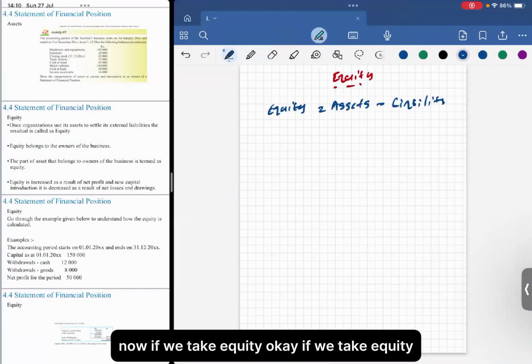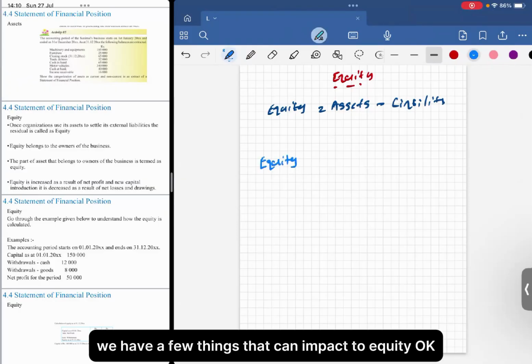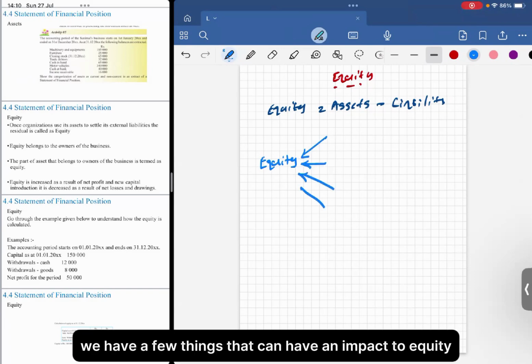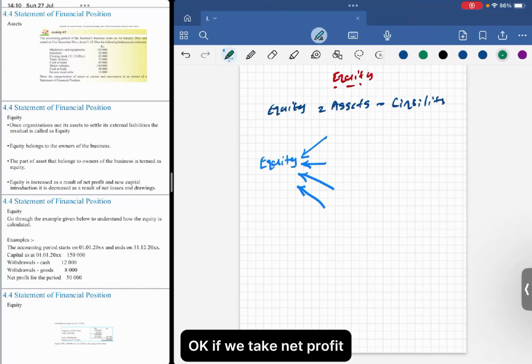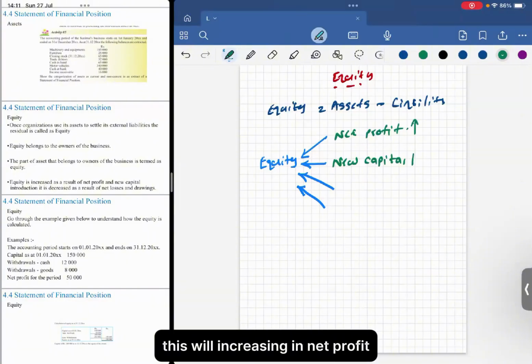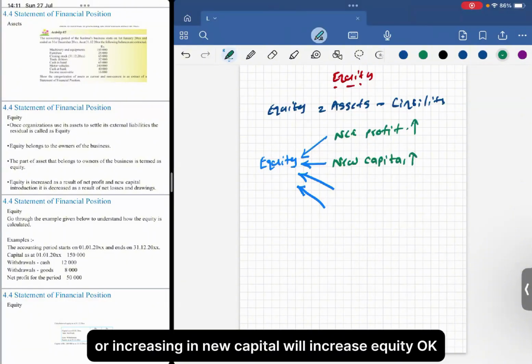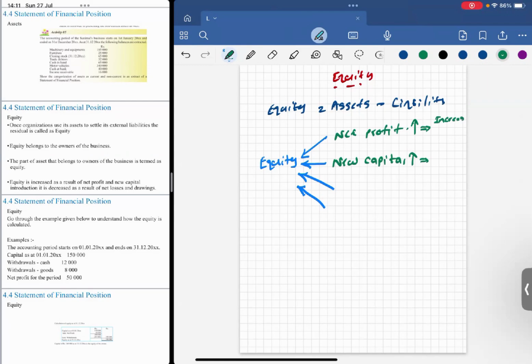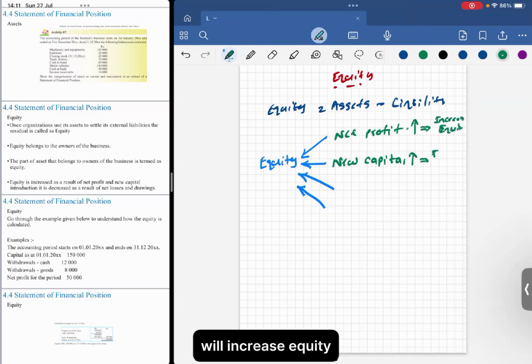If we take equity, we have a few things that can have an impact on it. Increases in net profit or new capital will increase equity.